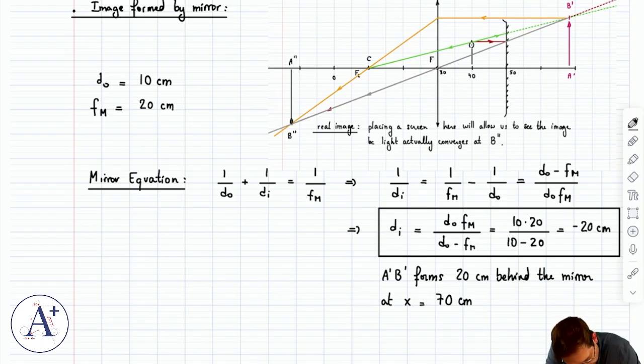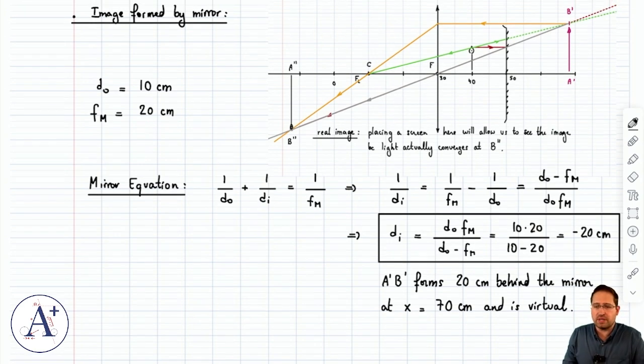Okay, so A prime, B prime forms 20 centimeters behind the mirror at x equals 70 centimeters and is virtual. That's because the image distance is negative. A negative image distance will always tell me that I have a virtual image. Okay, so that tells me the location of A prime, B prime.